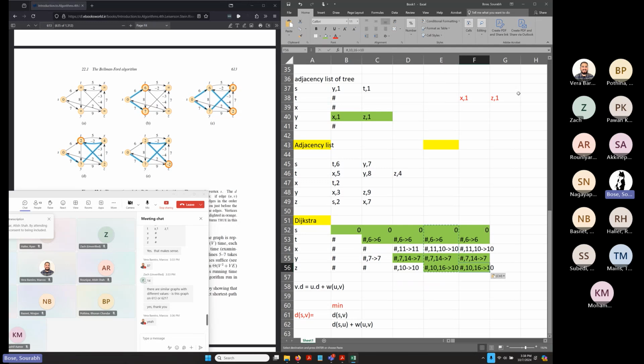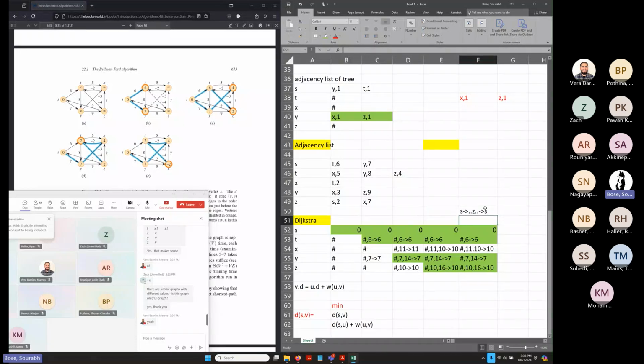And we are asking to explore Z. Exploring Z, we get Z to S is 2, right? So what are you offering?